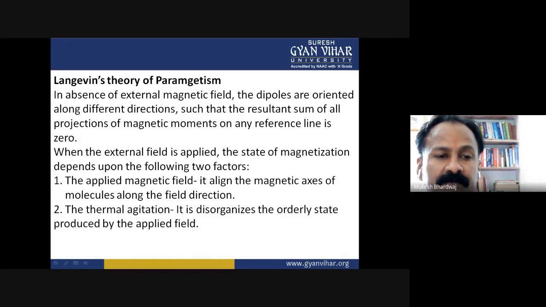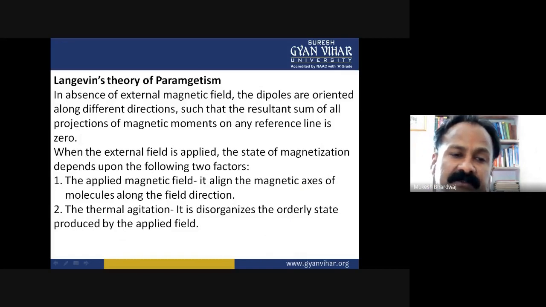First, the applied magnetic field, which aligns the magnetic axes of molecules along the field direction. Second, thermal agitation, which disorganizes the orderly state produced by the applied field.